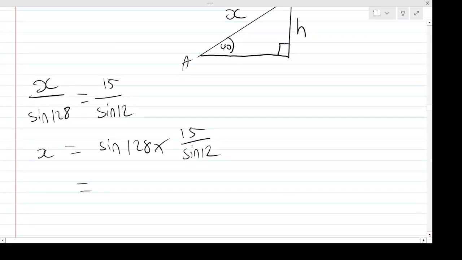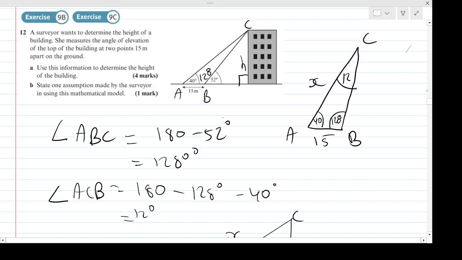which is going to be 56.85... Is it given a unit? Meters.